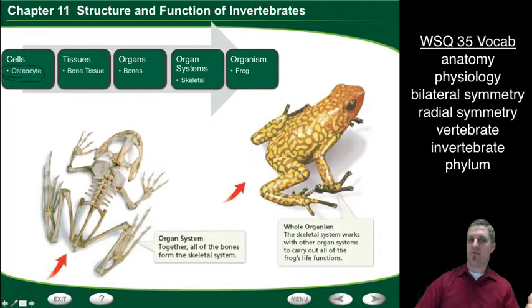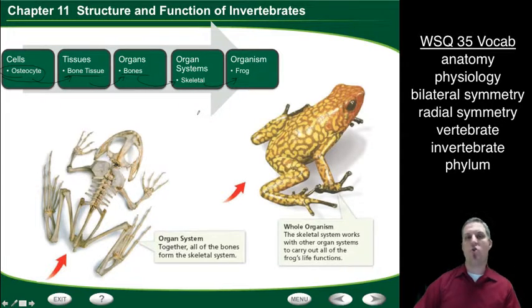So you have an osteocyte, which is a bone cell. A group of osteocytes working together make up bone tissue. A group of bone tissues working together make up the organs of bones. You put all those bones together and you get the skeletal system. Then you take the skeletal system and the respiratory system and the reproductive system, all these systems together, and you ultimately get an organism.